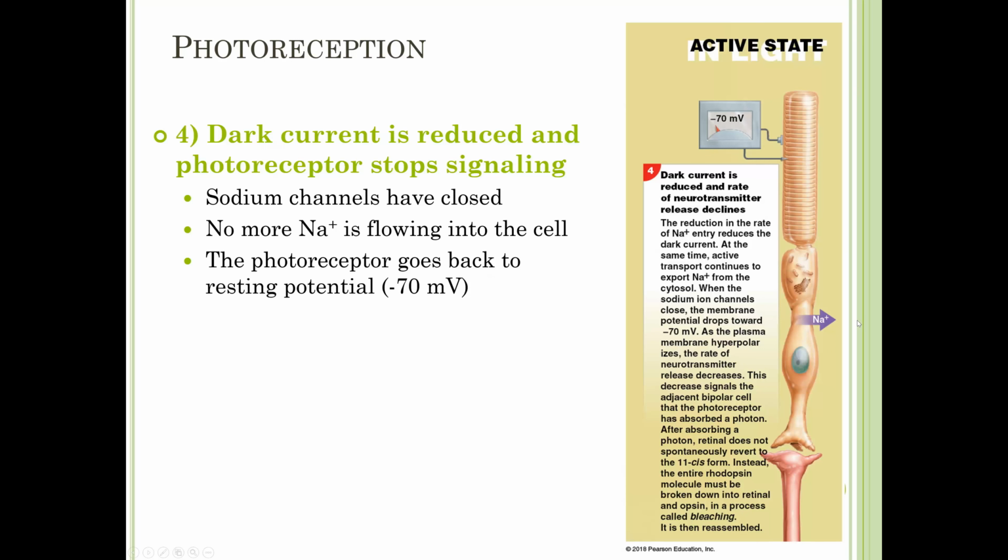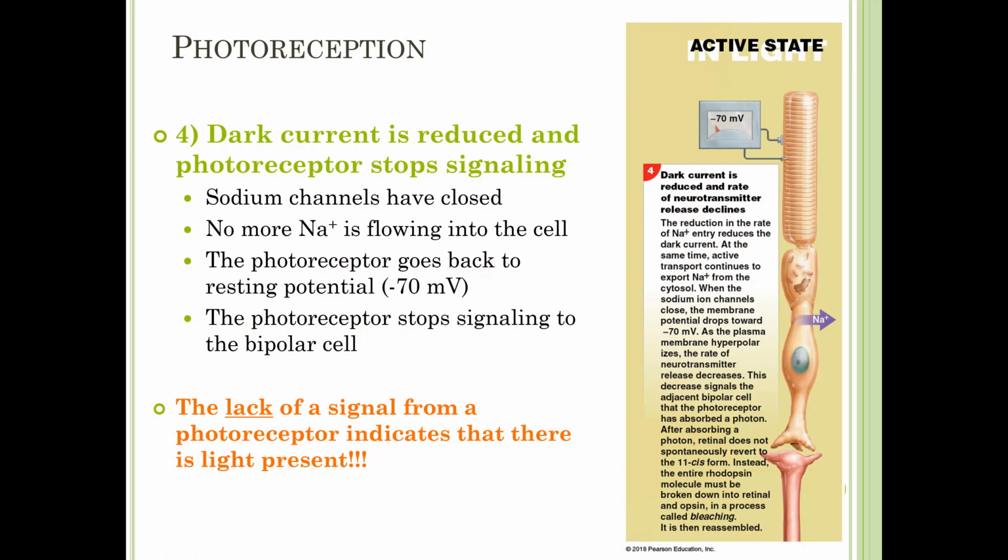So because that sodium current stopped, now the photoreceptor can return to a resting potential of negative 70 millivolts, which is not high enough to hit threshold. So now it is no longer going to be sending a signal to the bipolar cell. So the photoreceptor stops signaling to the bipolar cell.